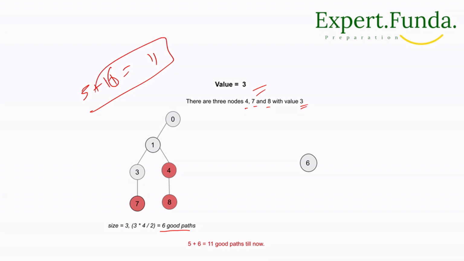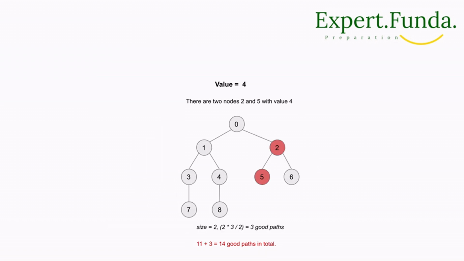So till now we have this one. Similarly, for value 4, we have two nodes, 2 and 5. If we calculate, 3 good paths will come, and previously we have 11. So the total is 14 good paths. Like this we will traverse and do that, right?